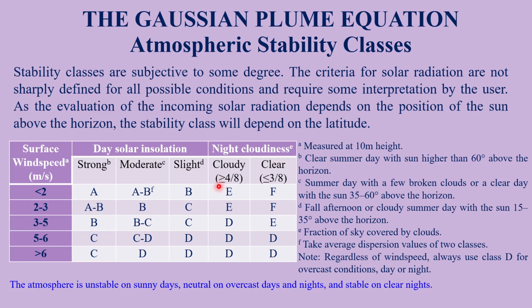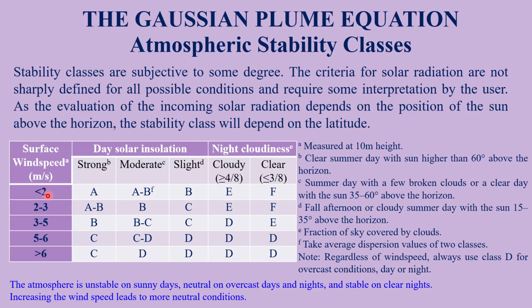So for this stable class, you can see it is found in clear nights. Neutral, that is D, you'll find in overcast days and nights. And unstable is for sunny days. And increasing wind speeds leads to more neutral conditions.